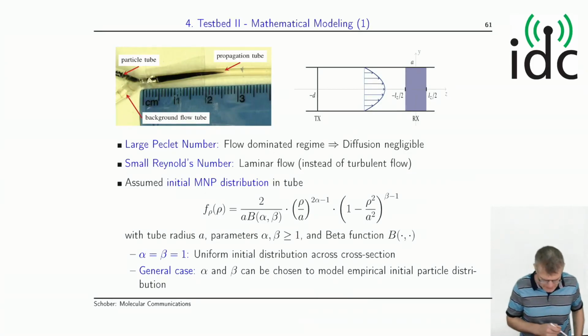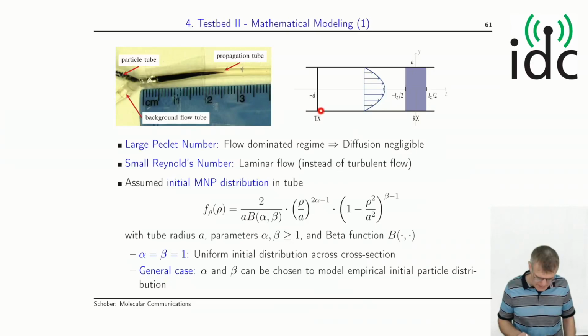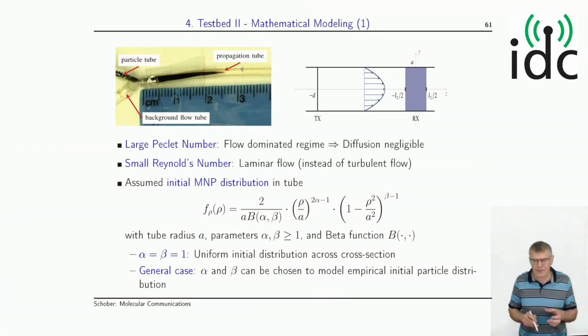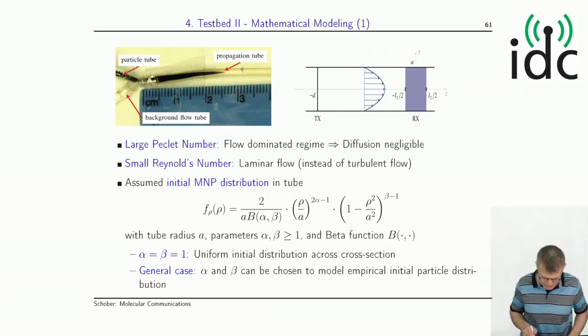So therefore, we came up with an approximation for this. In our approximation, we model the transmitter as if the particles, after injection, are only distributed across the cross-section here, right? So they're all located in one point in Z direction in this cross-section. And across this cross-section, we came up with a parametric model for the initial distribution of the particles, right?